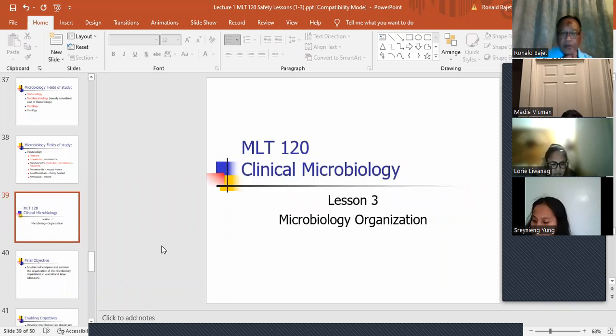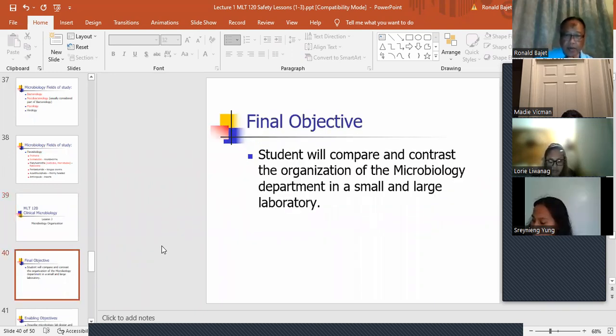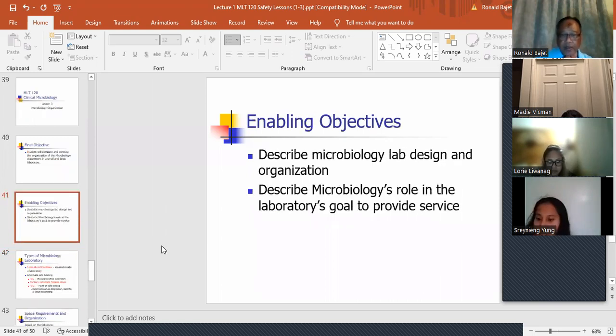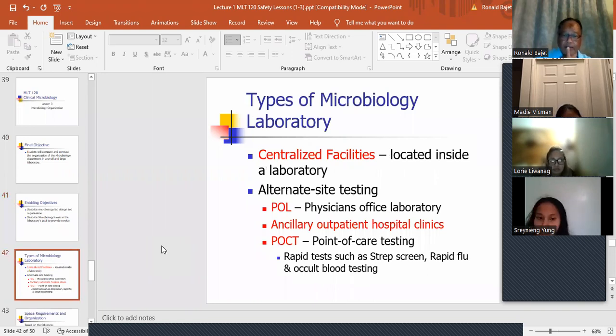Lesson 3 is the microbiology organization, and I'm going to talk about the chain of command within the microbiology laboratory. And first you have the centralized facilities, which is located in the laboratory. And then you have the different types of testing. The physician office laboratory, which is a small laboratory. Doctor sets up a clinic and he wants to have a little laboratory where you can do waived testing.